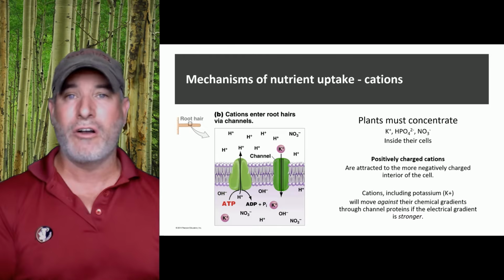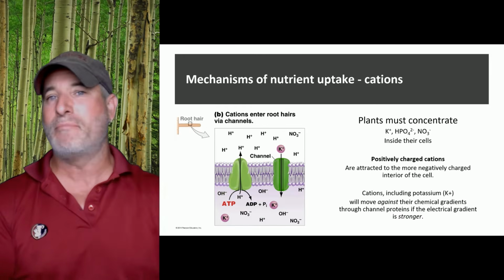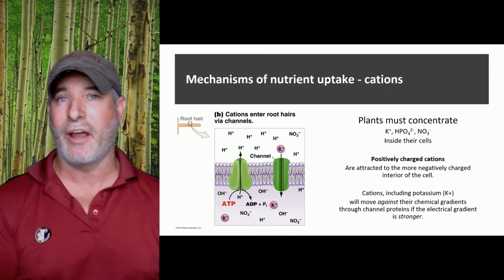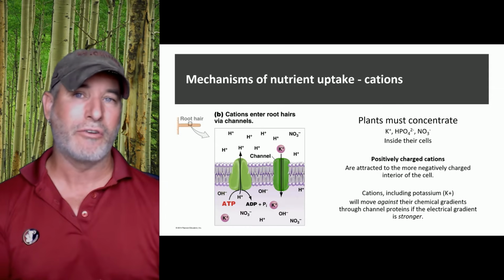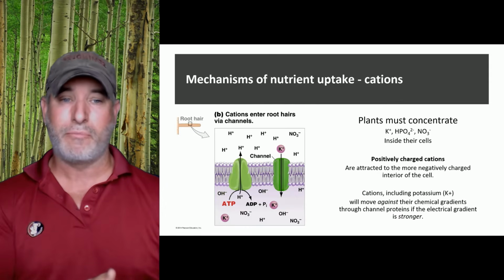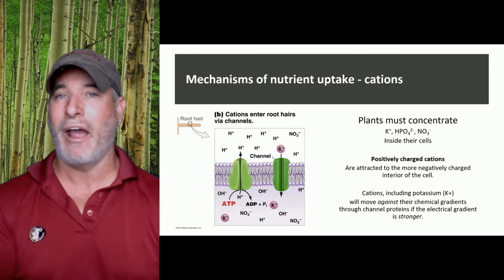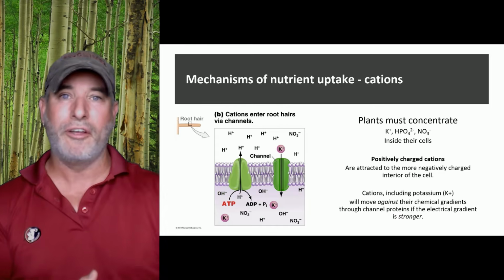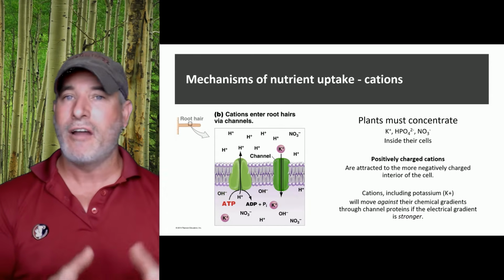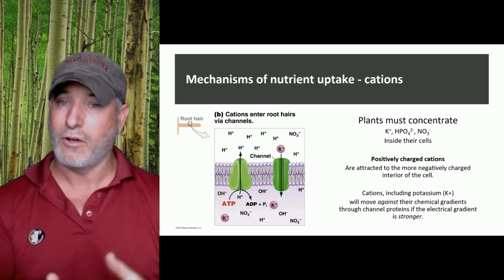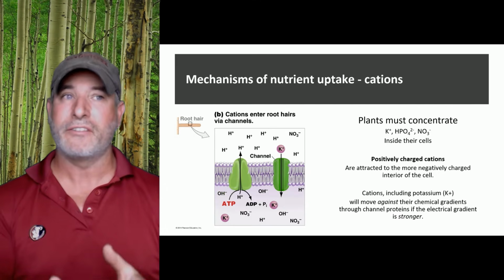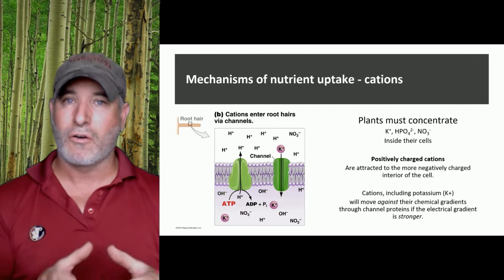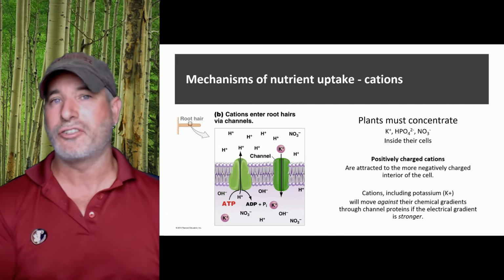If you have a much stronger electrical gradient, you're going to be pulled down that electrical gradient even against your chemical gradient. So you might be able to pull something like potassium ions into the cell and concentrate them because you're pulling them down an electrical gradient. Now potassium, and I will also say calcium and sodium and magnesium, these are all cations, which are positively charged.